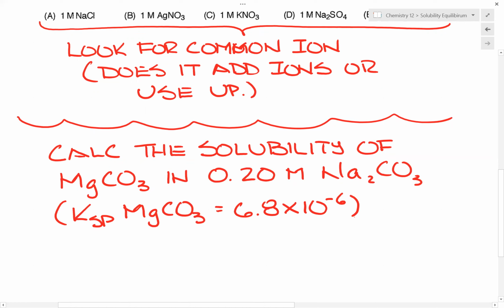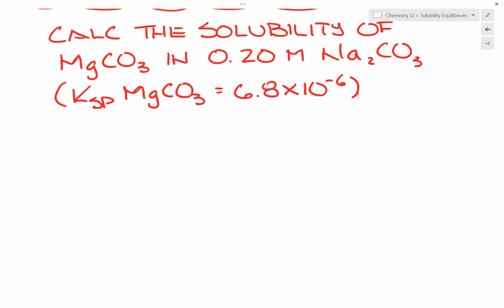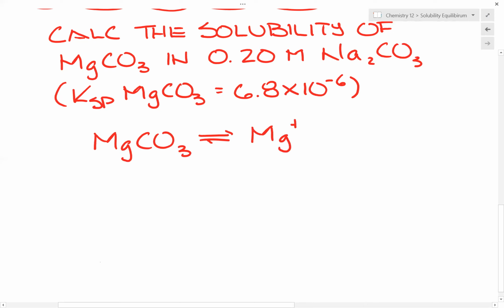Now, again, we're calculating the solubility, so we're calculating how much dissolved. How do we set this up? We set it up like how you've been doing it before. MgCO3 is in equilibrium with Mg2+ and CO3 2-.